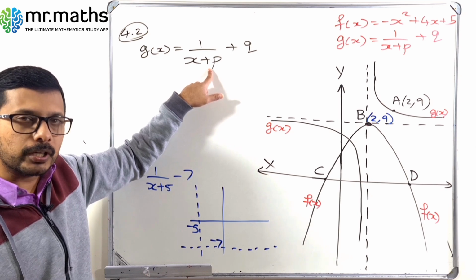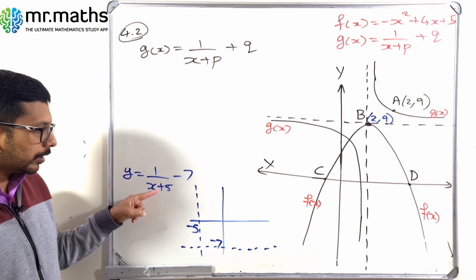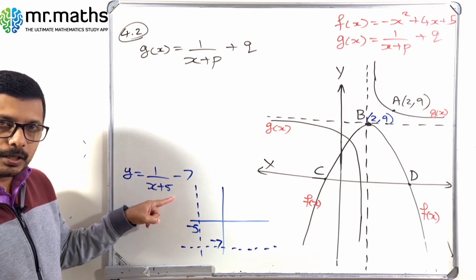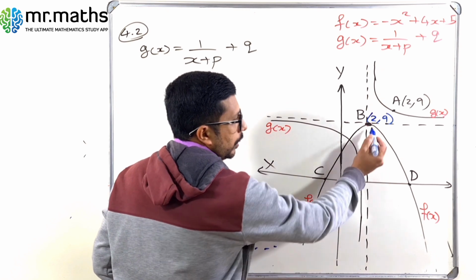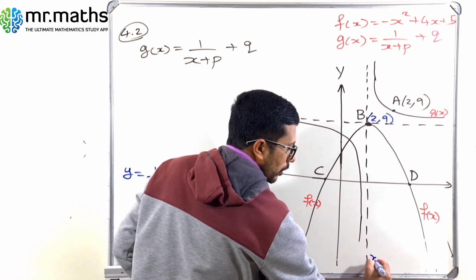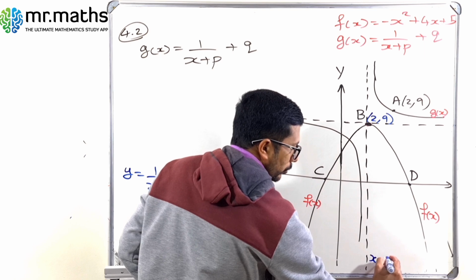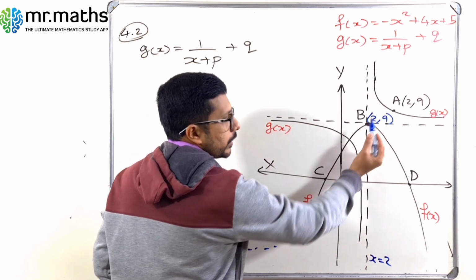Negative 2. You understand? When in the graph it is minus 5, the equation has positive 5. So similarly, here we got the vertical asymptote, the x value is 2. What is the equation of this one? x is equal to 2.